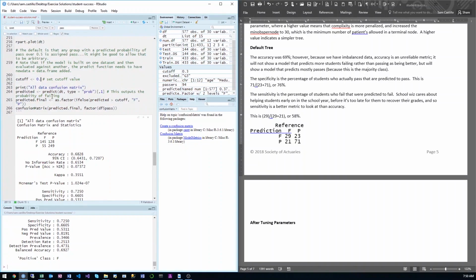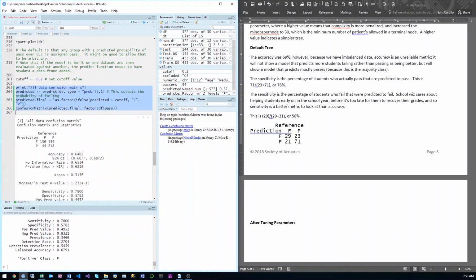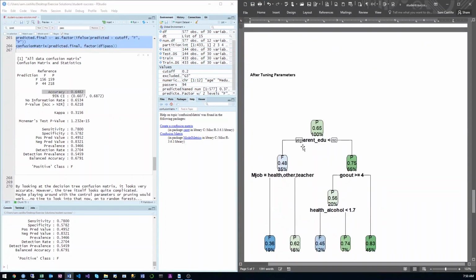Let's say we set this even lower. We can get the sensitivity up to 78%, okay? So again, the accuracy is 64%, but accuracy is not that important here. Yeah, I think this is a good start.